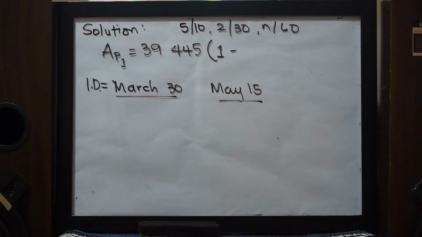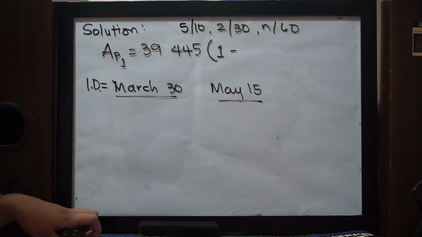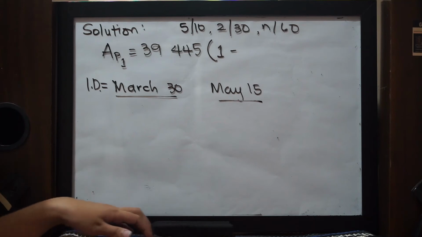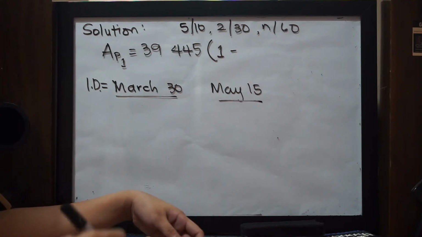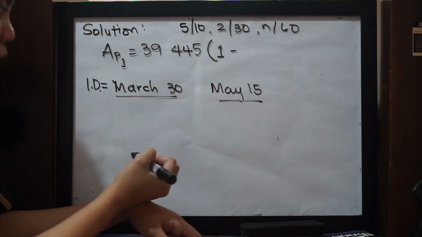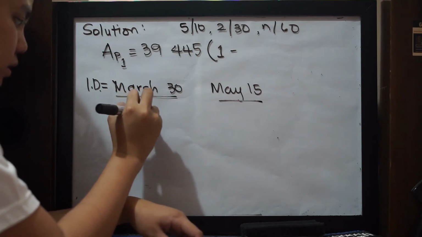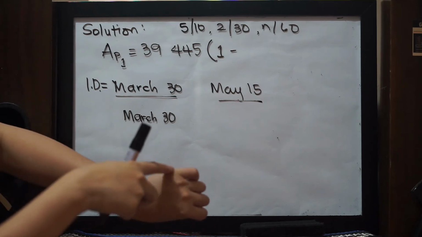So, the same process that we did for the last problem, problem number 4. You can use the knuckle technique again, or if you prefer, you can count the number of days from March 30 to May 15 using the calendar in your cell phone. What I do is, from March 30, let's start with January, February, March.